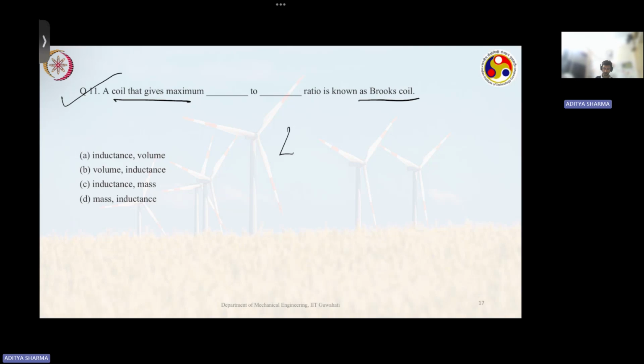Inductance is denoted by L, volume is V, mass is M. So which maximum ratio is related to your Brooks coil? Either this is L by V or V by L or L by M or M by L.